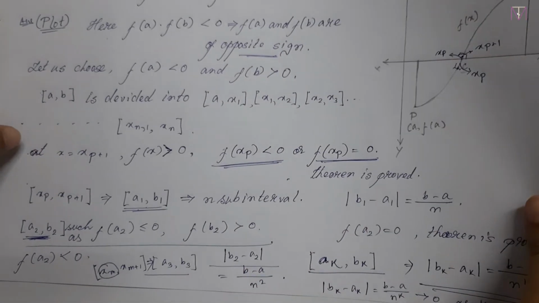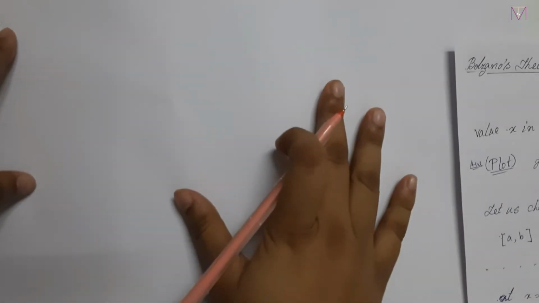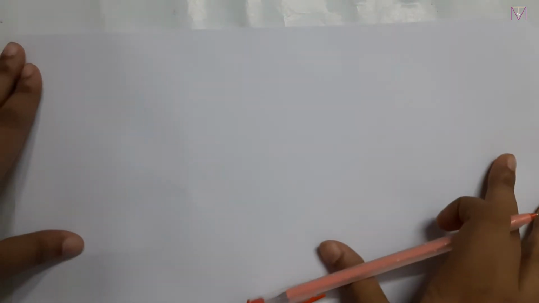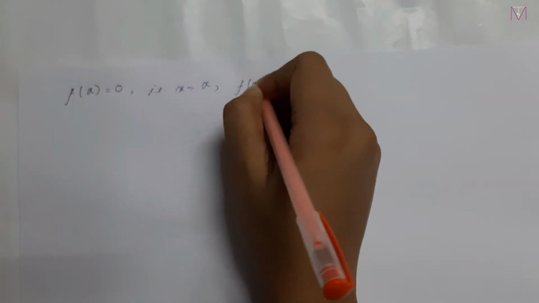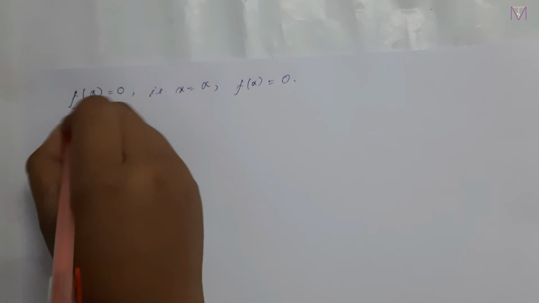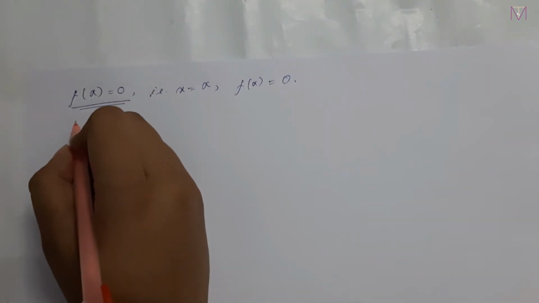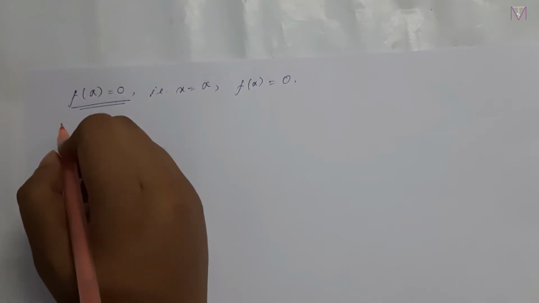So suppose that the point is alpha. So let f(alpha) equal to 0, that is, at x equal to alpha, f(x) is equal to 0. Now we have to prove that f(alpha) equal to 0.